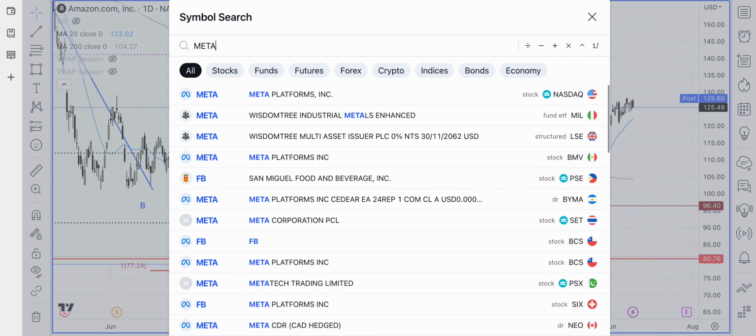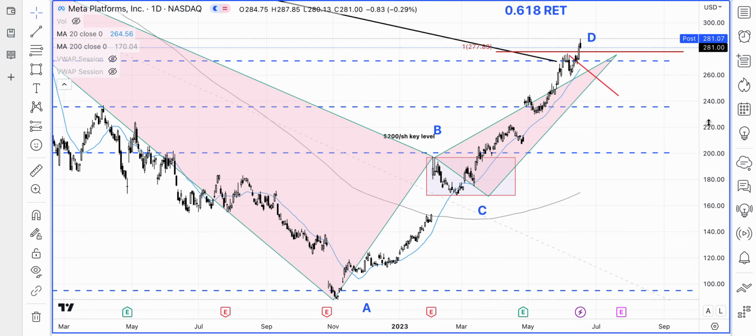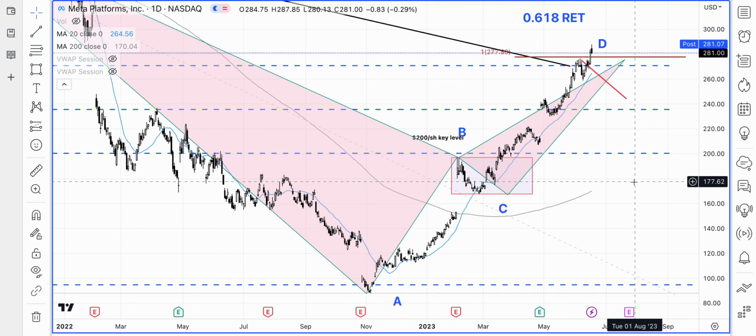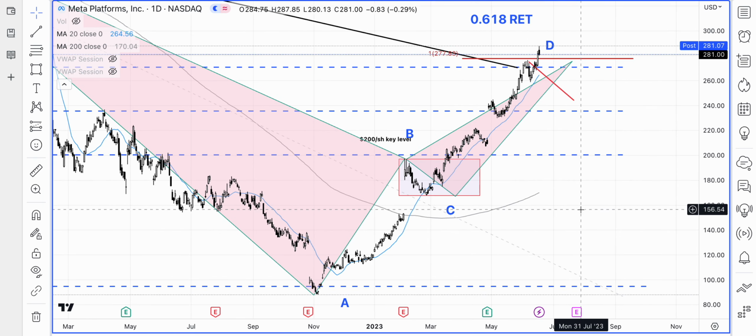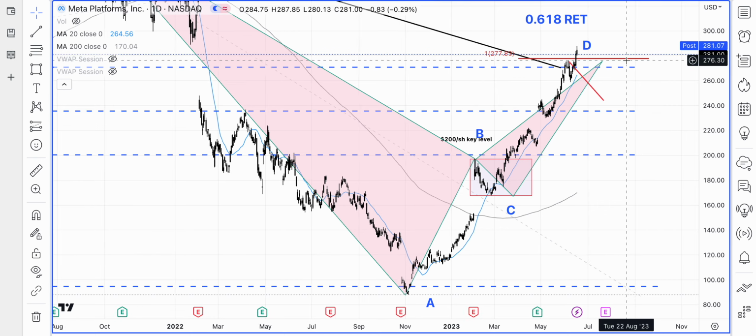Let's take a look at Meta, which is formerly Facebook. So Facebook is forming a very interesting pattern formation. In fact, in the last video which we had done on the stocks, we had mentioned that it was right at this 61.8% Fibonacci retracement, and also the one-to-one projection, which we like to call ABCD, and that could provide some resistance here.